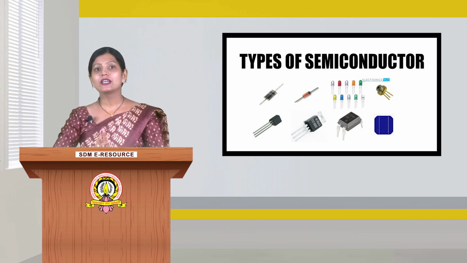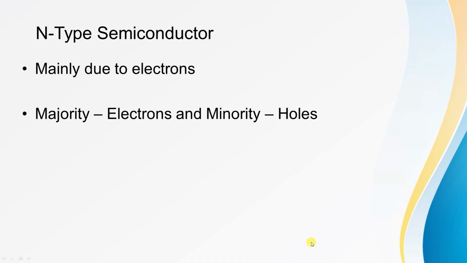So, one type of extrinsic semiconductor is the N-type semiconductor. In an N-type semiconductor, the charge carriers are mainly electrons. Majority charge carriers are electrons and minority charge carriers are holes.